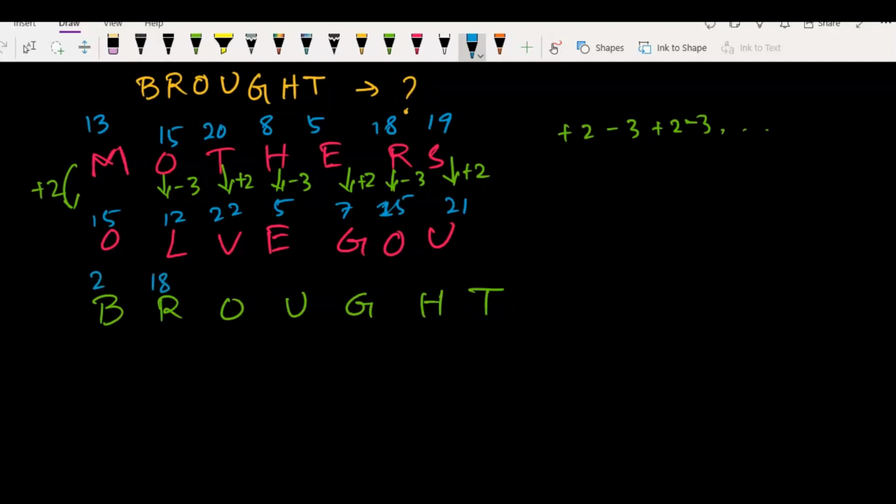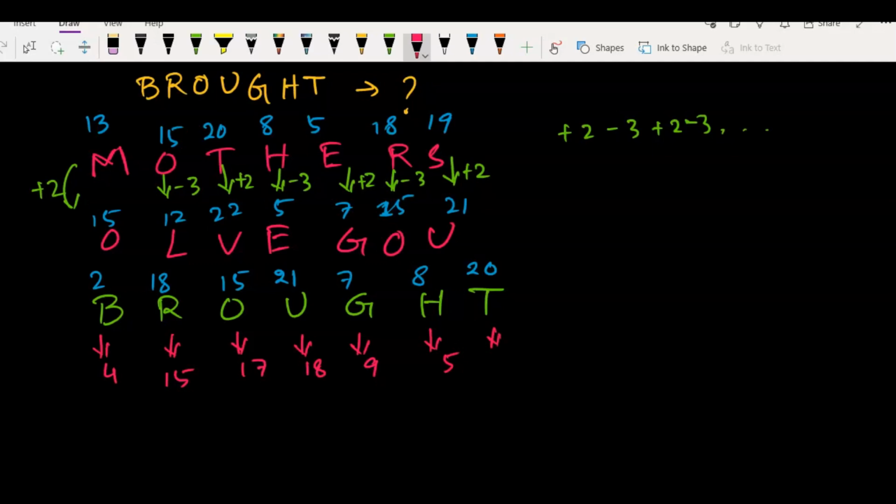So we have 2, then 18, 15, 21, 7, 8, 20, and the pattern is plus 2, minus 3, plus 2, minus 3. 2 plus 2, 4 is forward pattern, then minus 3, 18 minus 3 is 15, then 15 plus 2 means 17, then minus 3 means 18, then this plus 2 means 9, and then we have minus 3, 8 minus 3 is 5, and we have plus 2 means 22. So this is DOQRIEV. This is the answer.